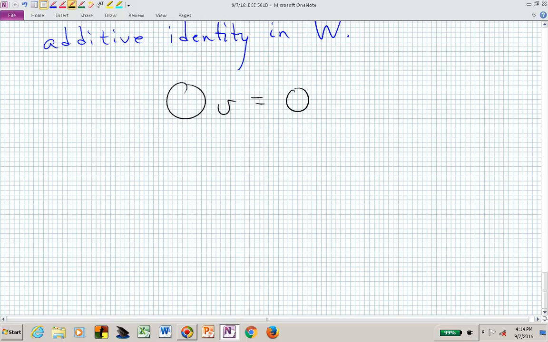But I may not make that distinction very clearly in other discussions, but this 0 is in fact a map. It's mapping any vector little v from the input vector space into this 0, which is actually a vector in the output space, and this is a special vector. This is the additive identity in our output space W.